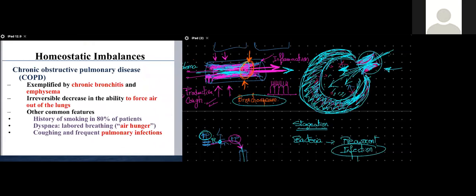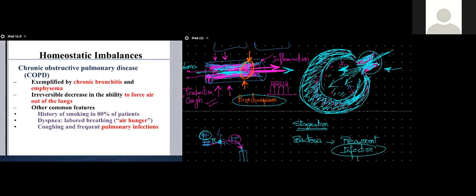So again, COPD is a combined chronic bronchitis and emphysema. There will be an irreversible decrease in the ability to force air out of the lungs. So air gets trapped in. I will have breakdown of the elastic tissue in the lungs. This is an irreversible damage.